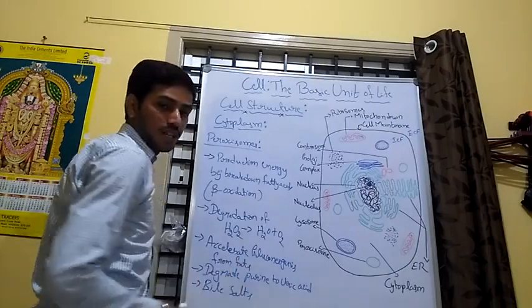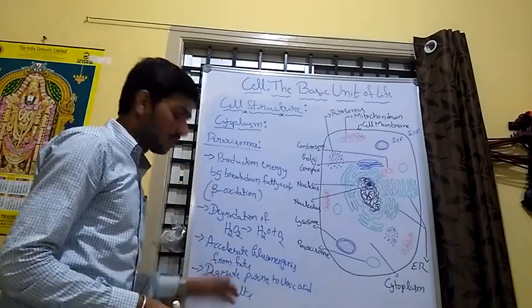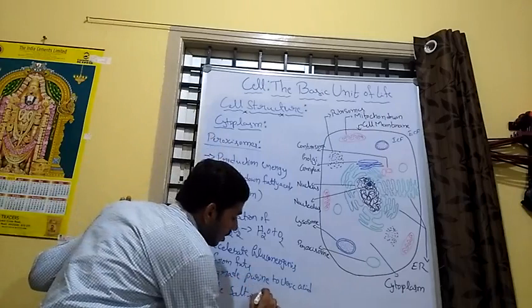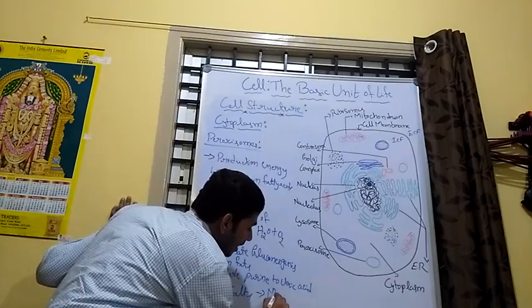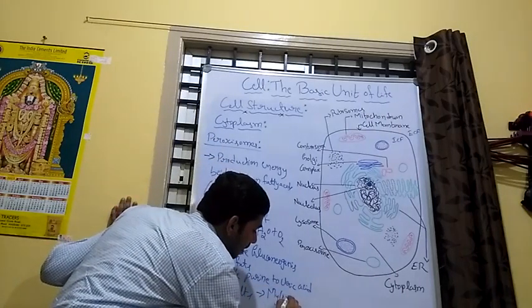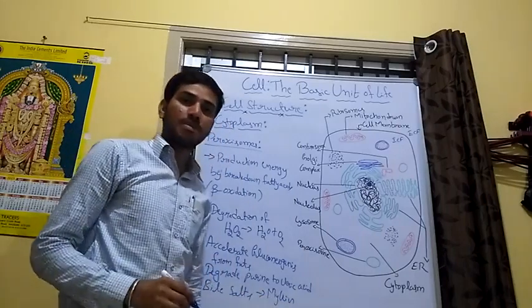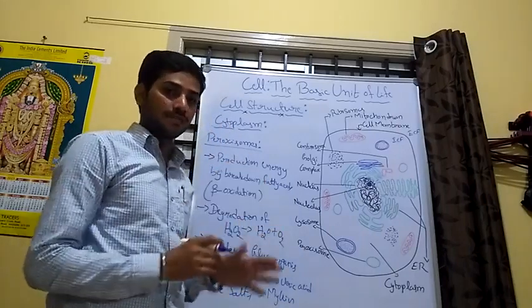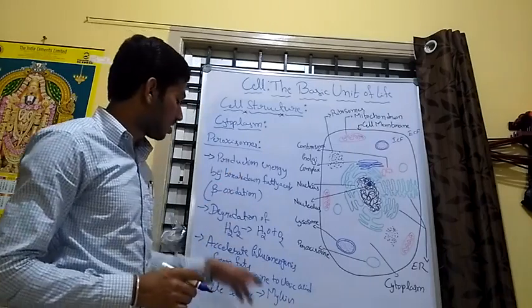Bile salts are produced in the liver. They also participate in the formation of myelin. Myelin is present in the neuron cell sheath.